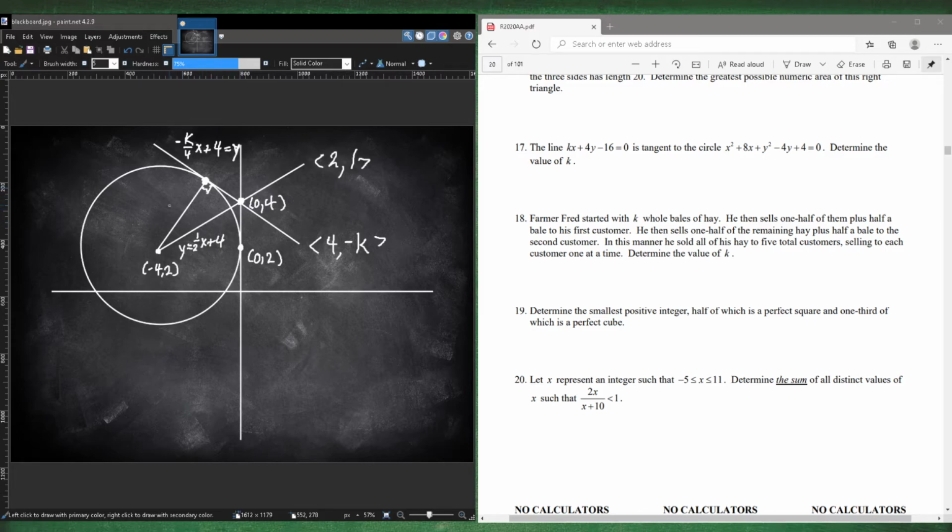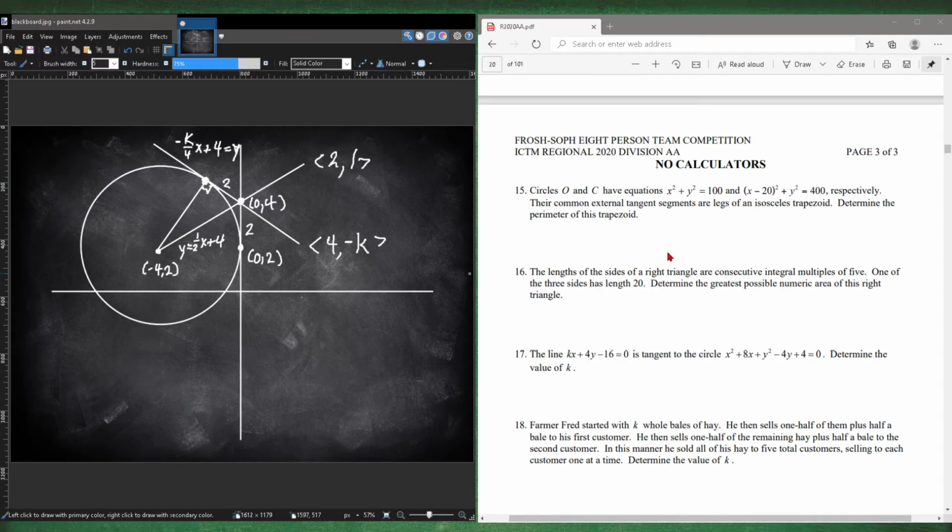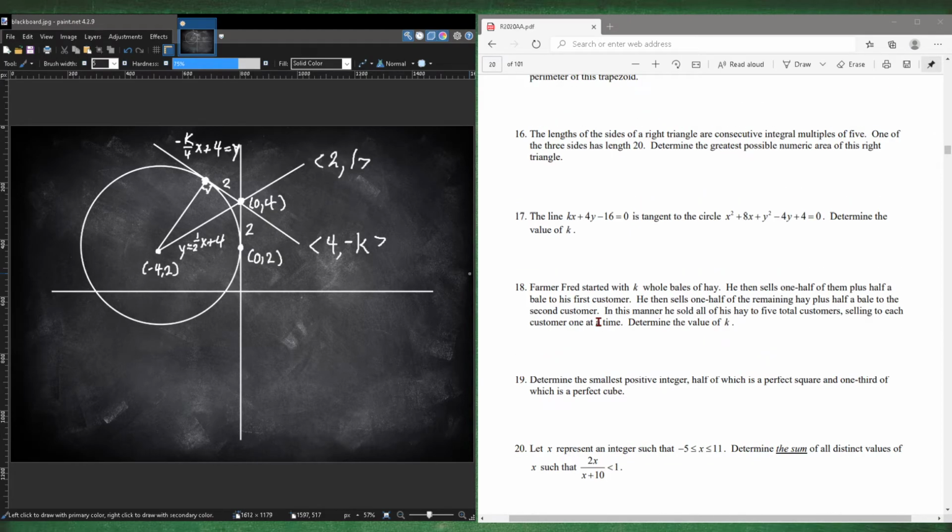So all we had to do is find this length, which is pretty simple, because 0, 4, 0, 2, that's a distance of 2. So this has to be a distance of 2 because that's like what we did in number 15. It's the same idea. Well, it's not a common external tangent, but it's a tangent, so it has to be the same length because it stems from the same point.